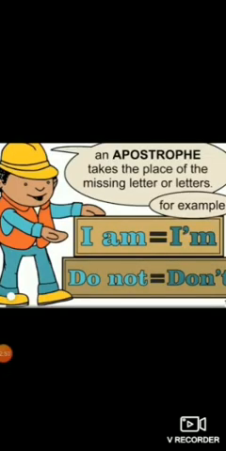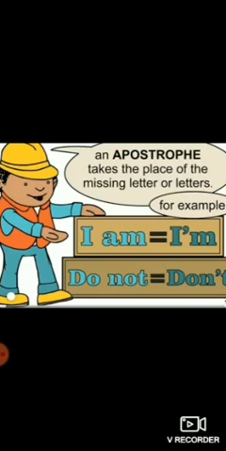We also use apostrophe in the place of the missing letter or letters. This is called contraction. A contraction is a short form of a word or set of numbers in which one or more letters have been omitted or left out.